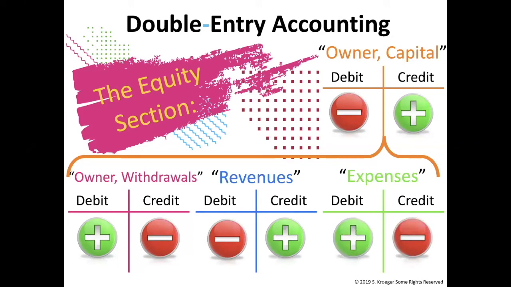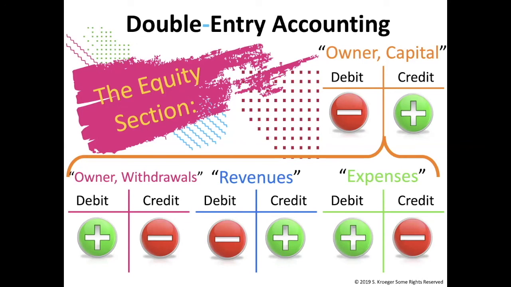Expenses increase on the debit side. If our business pays the rent this month, the rent expense account will increase by that amount as a debit. For now, you should not be crediting any expense accounts because we do not have negative expenses. Like I said, in the future, we will be able to do this.